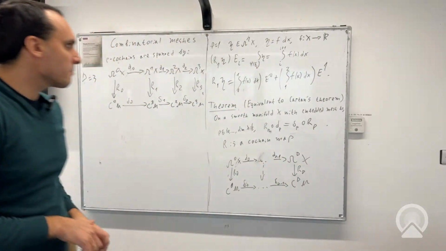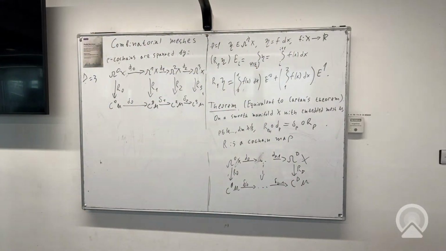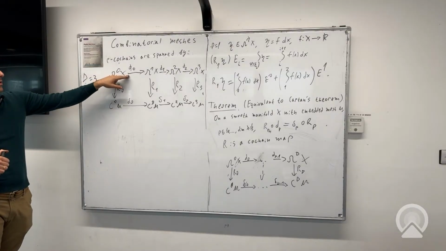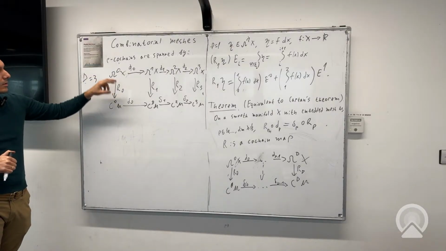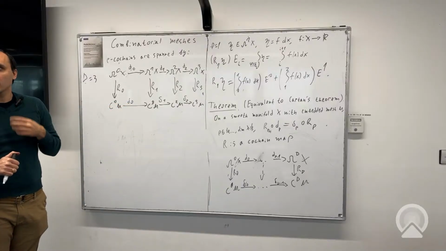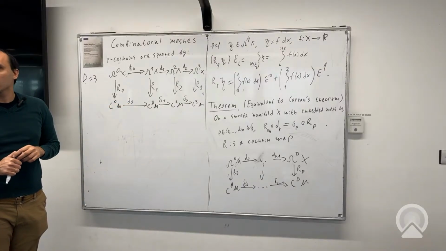And so what people in the numerical analysis community say is that we have some kind of compatible discretization. If we discretize from something continuous to something discrete, the discretization and the operators are compatible. Okay.